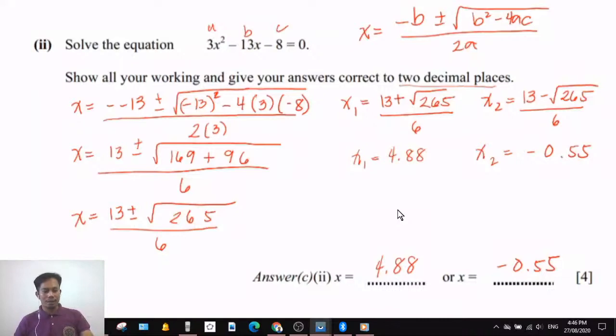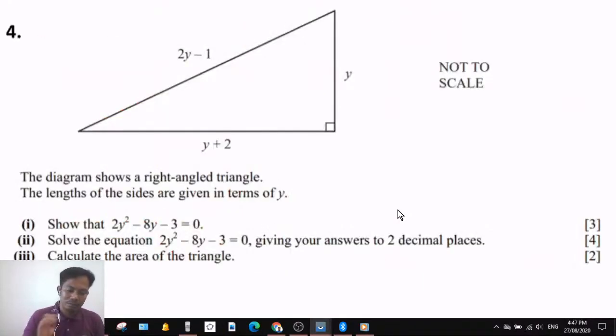Okay, next, let's move on to the next problem, number 4. Problem number 4 is a little bit of an application of triangles. The diagram shows a right angled triangle. The lengths of the sides are given in terms of y.